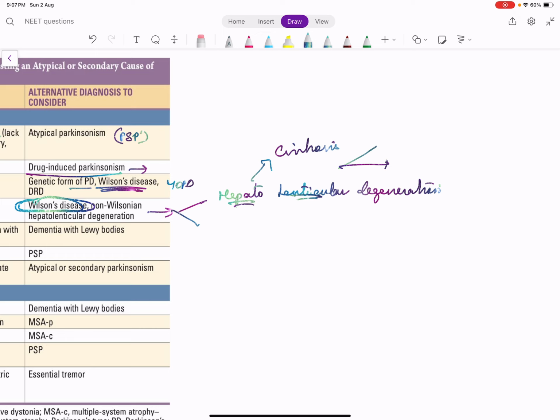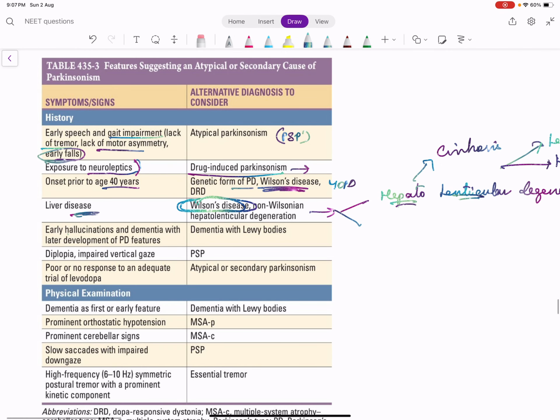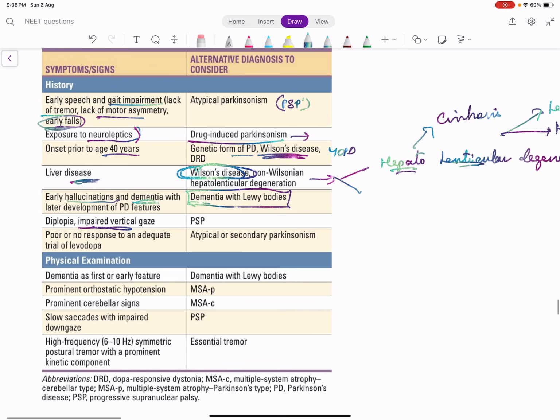Lenticular is two lenses: it causes cataract. The other lens is the lentiform nucleus of the basal ganglia. This problem causes wing-beating tremors. Early hallucinations and dementia, think of dementia with Lewy bodies. Impaired vertical gaze, progressive supranuclear palsy.